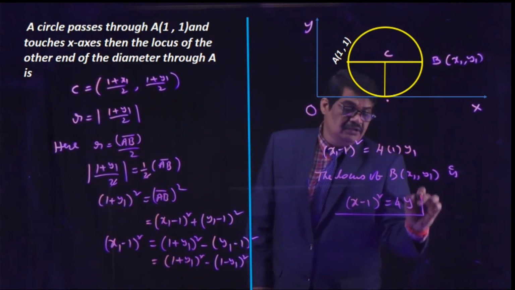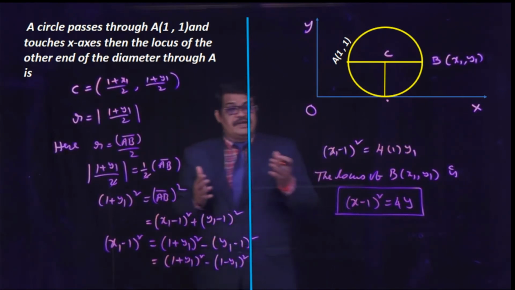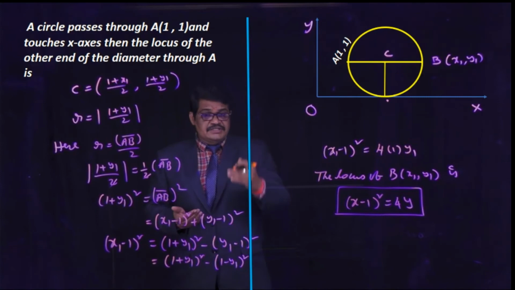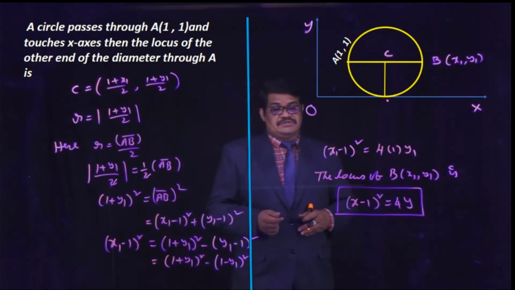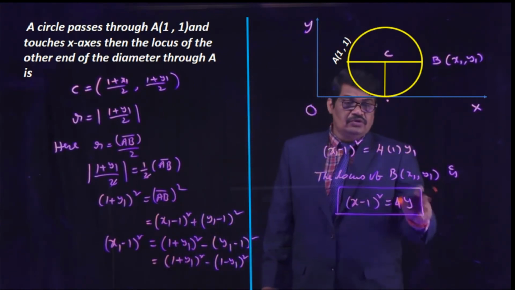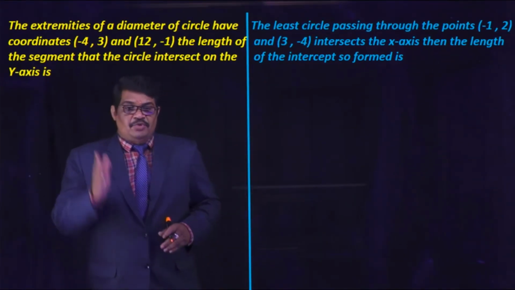This is the required answer. So the locus of the other end of the diameter through A(1, 1), where the circle touches the x-axis, is (x minus 1) whole square equal to 4y.